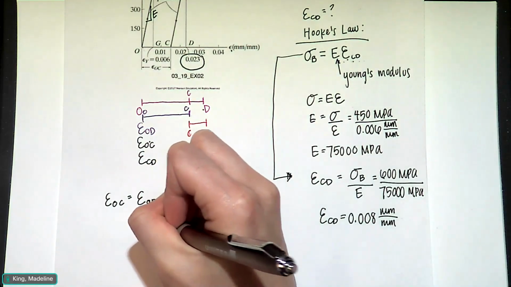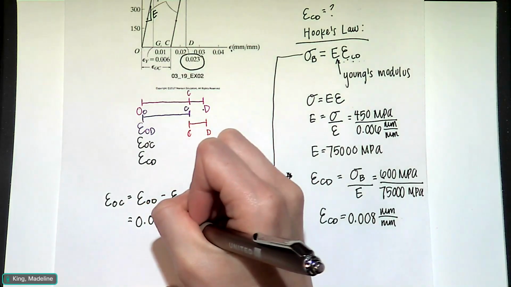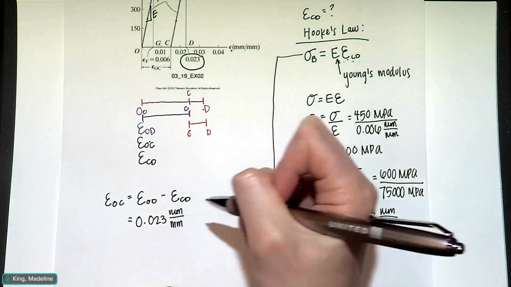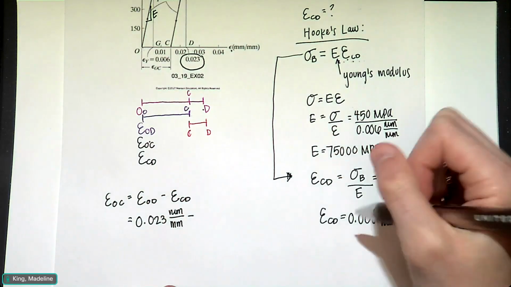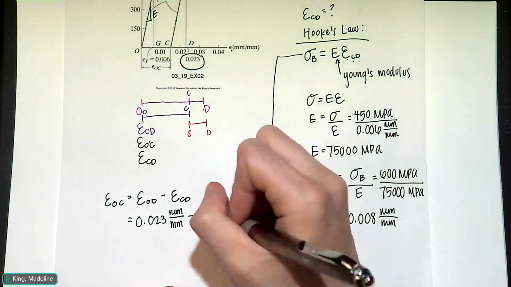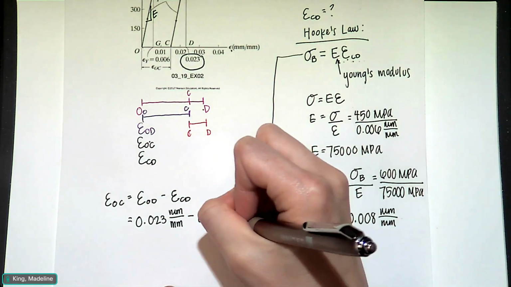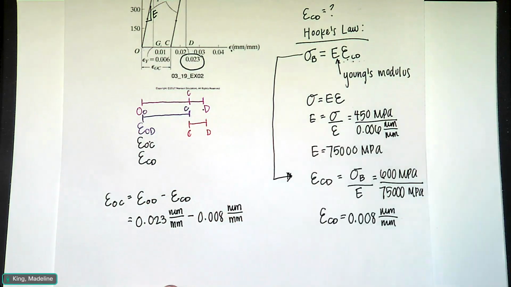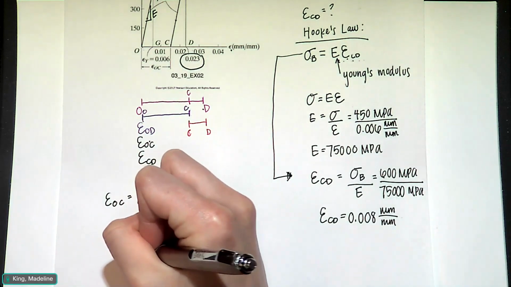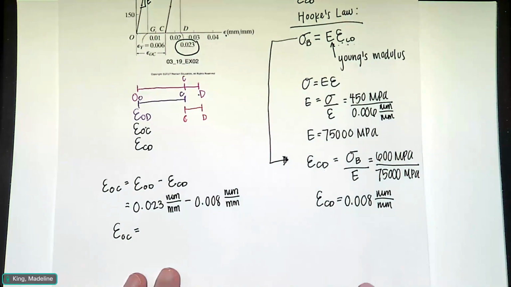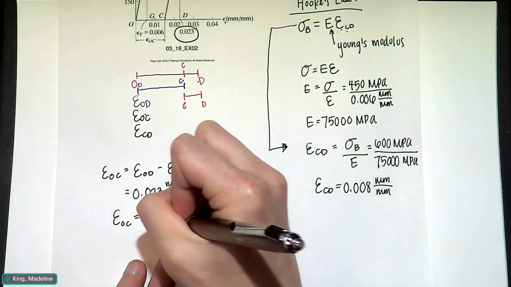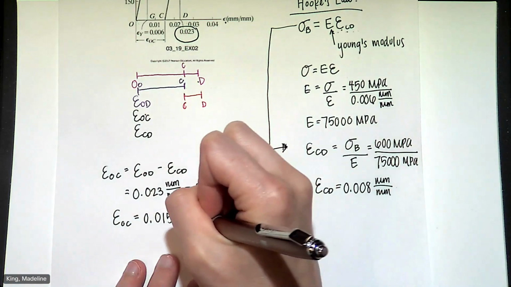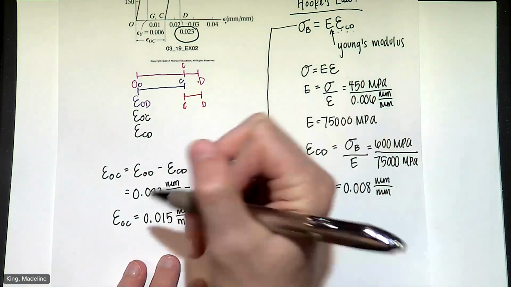Our epsilon OD we found to be 0.023 millimeters per millimeter, minus our epsilon CD, 0.008 millimeter per millimeter. So epsilon OC will be 0.015 millimeter per millimeter.